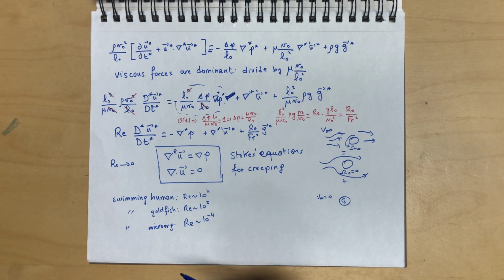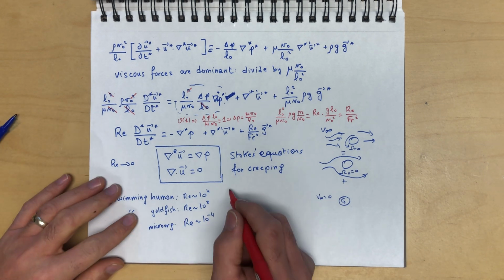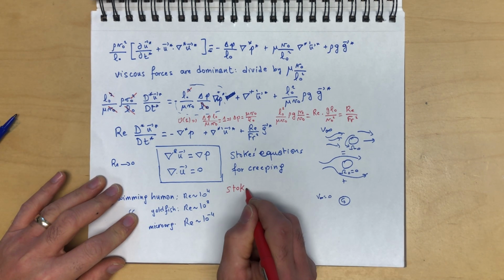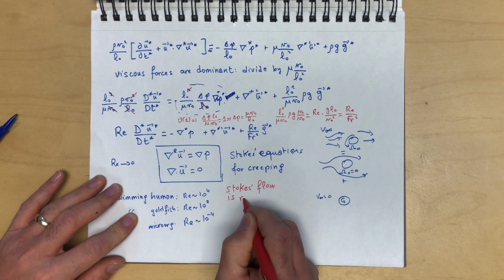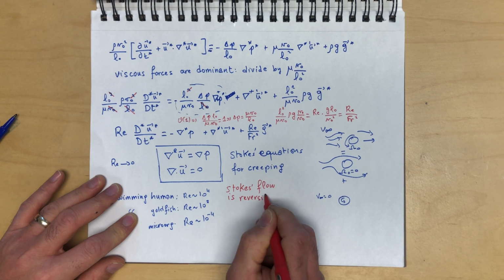There's a paper called Life at Low Reynolds Number that I will send out to you shortly that talks about life for microorganisms. And there's a very important result out of Stokes flow that impacts all sorts of microorganisms, and that has to do with the fact that Stokes flow is reversible.